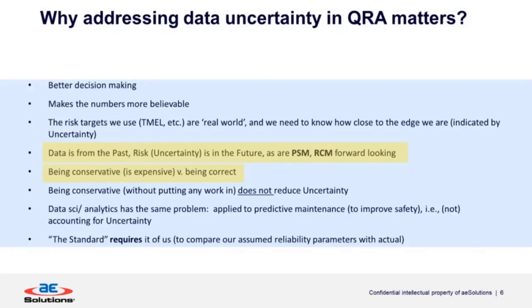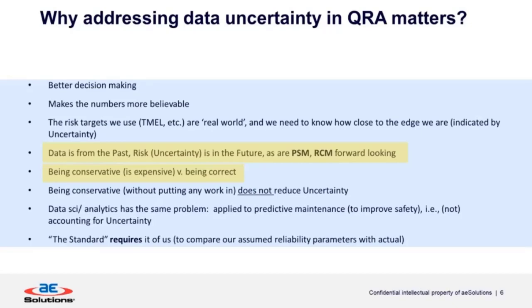Being conservative without putting any work in does not reduce uncertainty. So if you're not actually gaining information, gaining knowledge about a potential future event, just choosing a conservative number doesn't reduce your uncertainty. It just means maybe you're spending more money. Maybe you're having to shut down more often to test. And that's certainly not making you safer anyway.